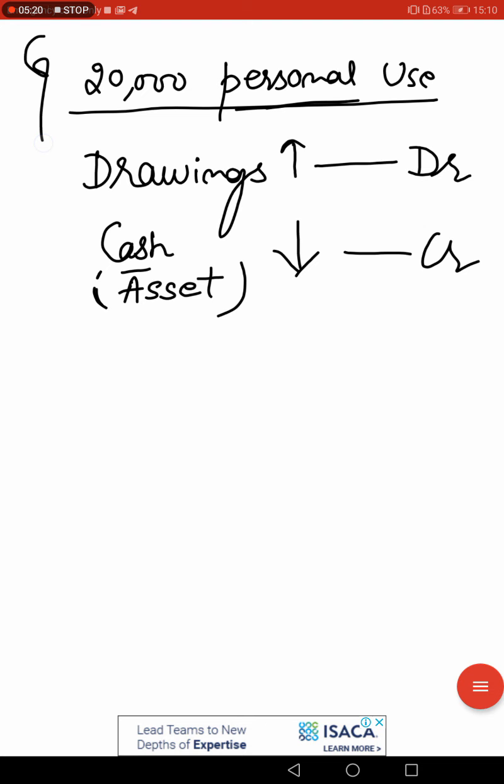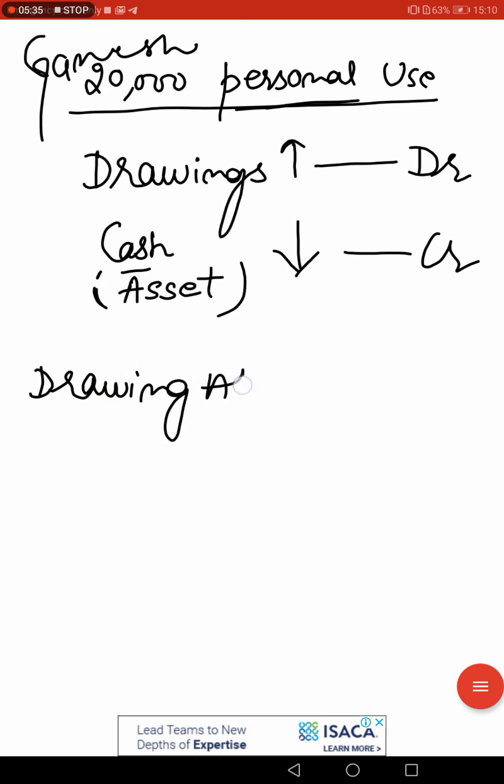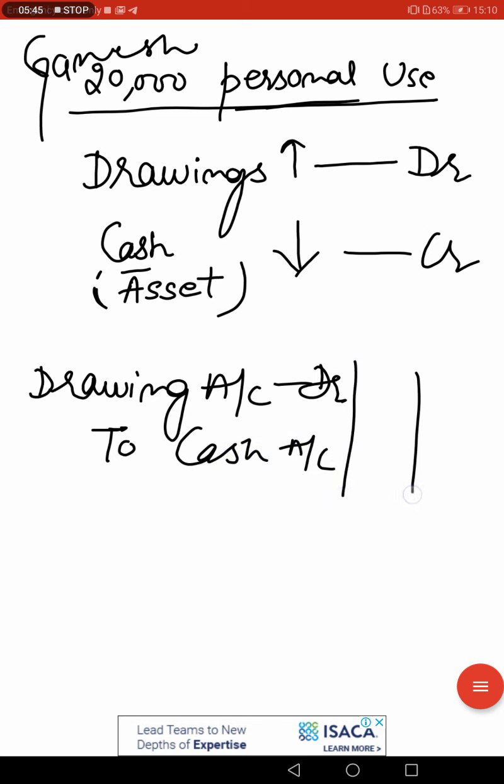Now when Ganesh, the owner, uses the company's fund for personal use, this is the drawing, so the entry will be drawing account debited to cash account. Amount is 20,000.